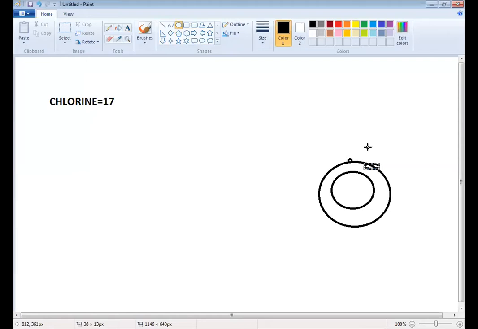After this, the next shell is formed, which is called the L shell.